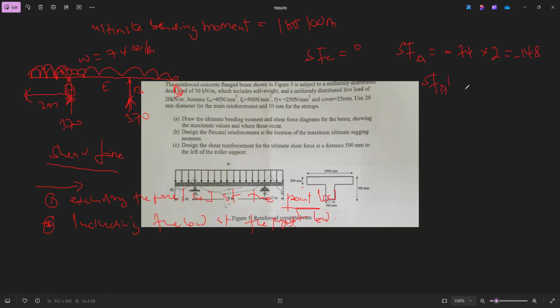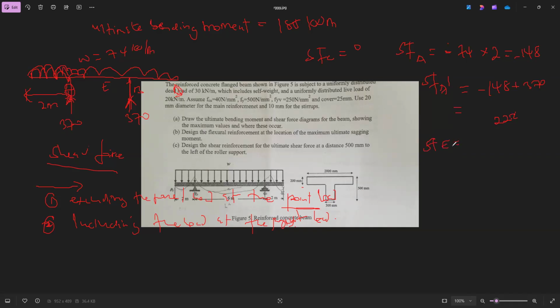Shear force at A prime. At A prime, it means that we are including the load there. So it is minus 148 plus the load, which gives us 222.